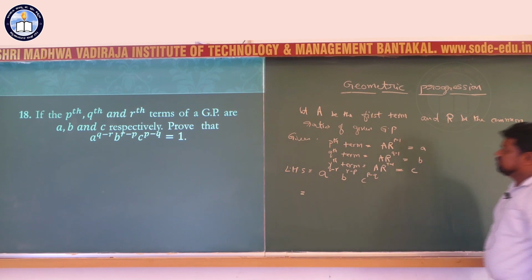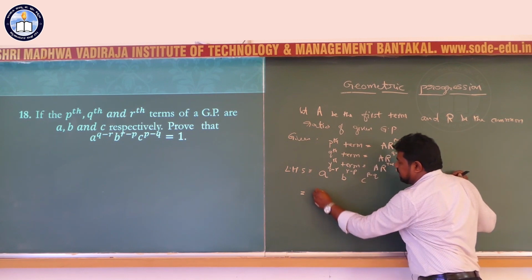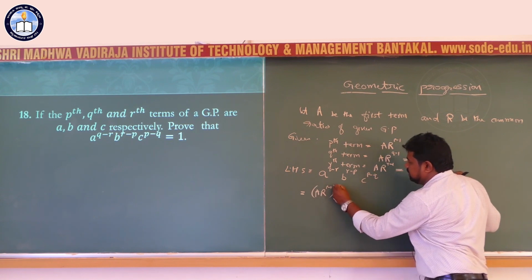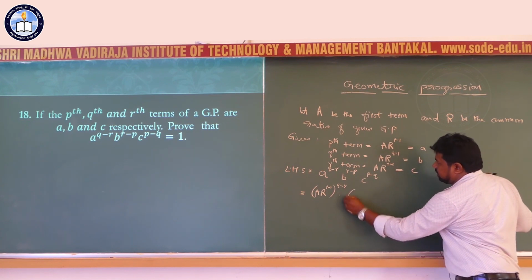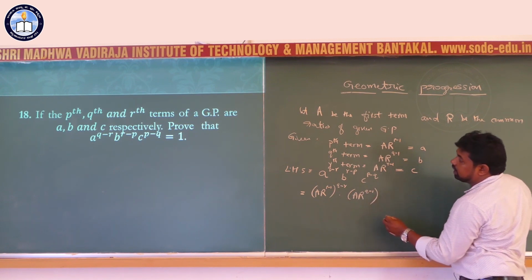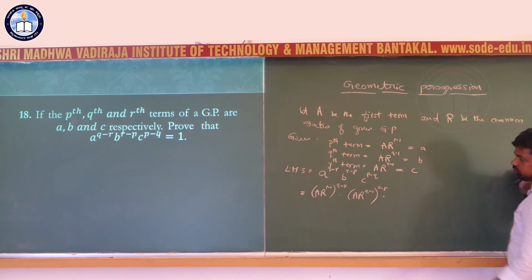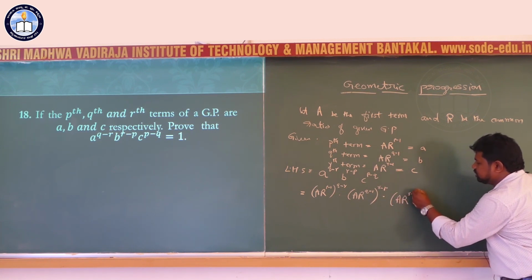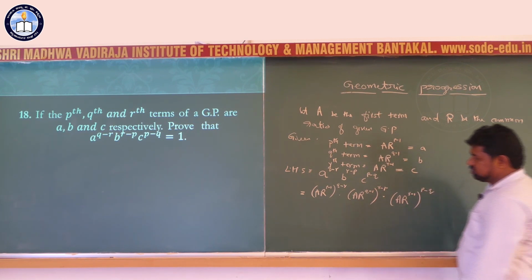Substituting, instead of a I take A into R power p minus 1, its power q minus r, instead of b, A into R power q minus 1, its power r minus p, and instead of c, A into R power r minus 1, its power p minus q.